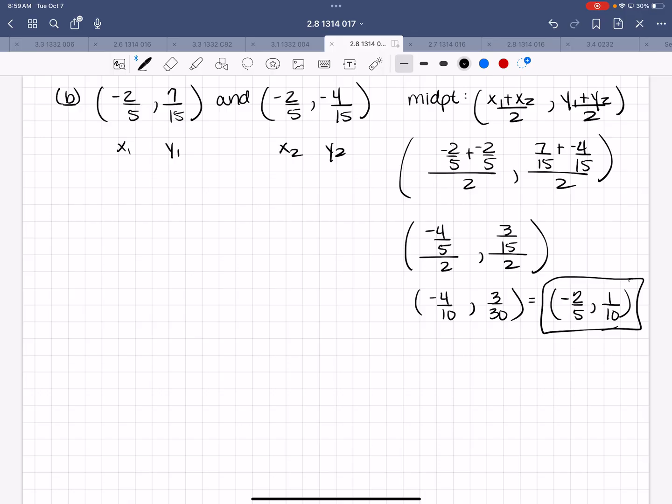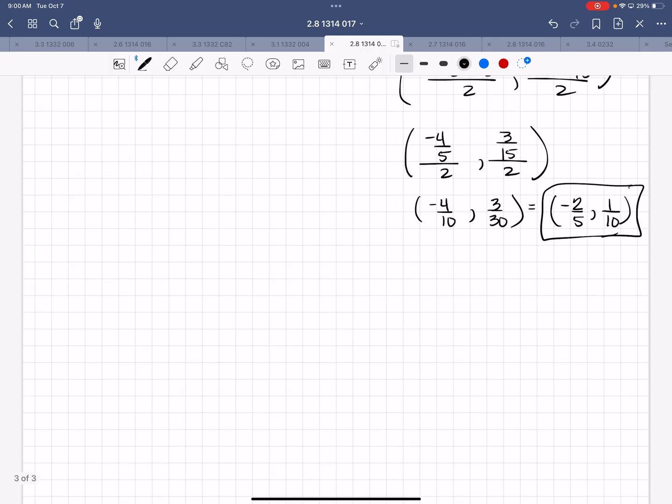If you push the N over D button, under the second button, it says N over D, numerator over denominator, then it'll make a stackable fraction for you that you can put in there, and it'll produce a fraction back instead of a decimal. So we get the answer of (-2/5, 1/10) for B.